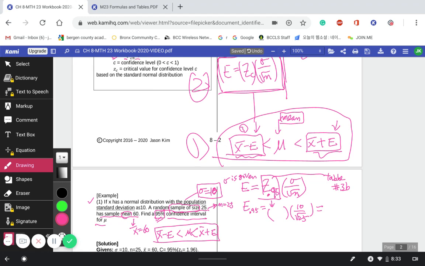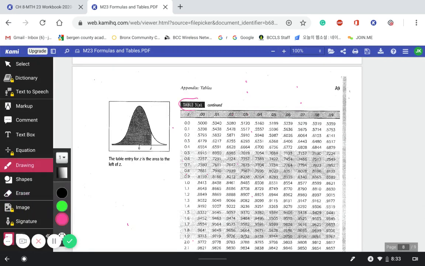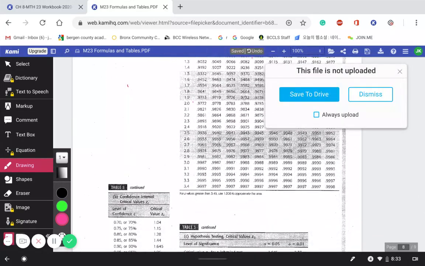Okay, so now we are going to go to table number 3b and find this critical value for confidence level of 95%. Here is table 3a, and table 3b is here.